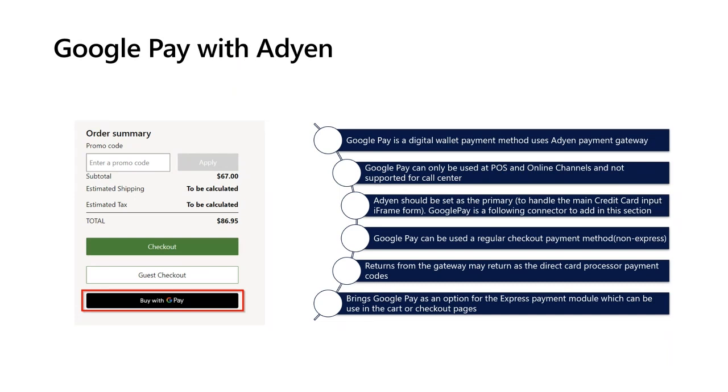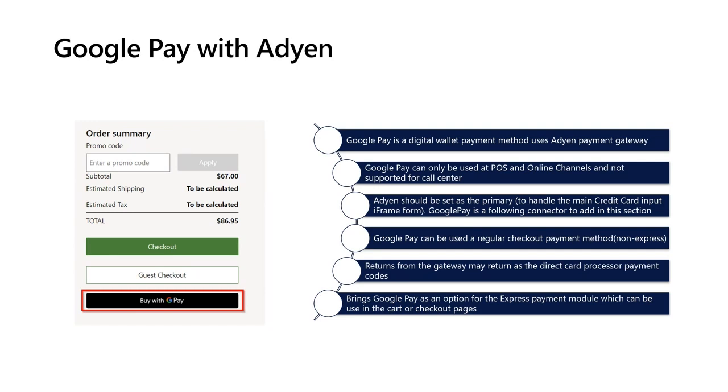For a customer paying with Google Pay with their phone, tapping at the terminal, the Adyen connector configuration will be used to map to a card ID. Google Pay uses the attached payment card the customer has configured in HQ. Returns from the gateway may return as direct credit card processor payment methods.